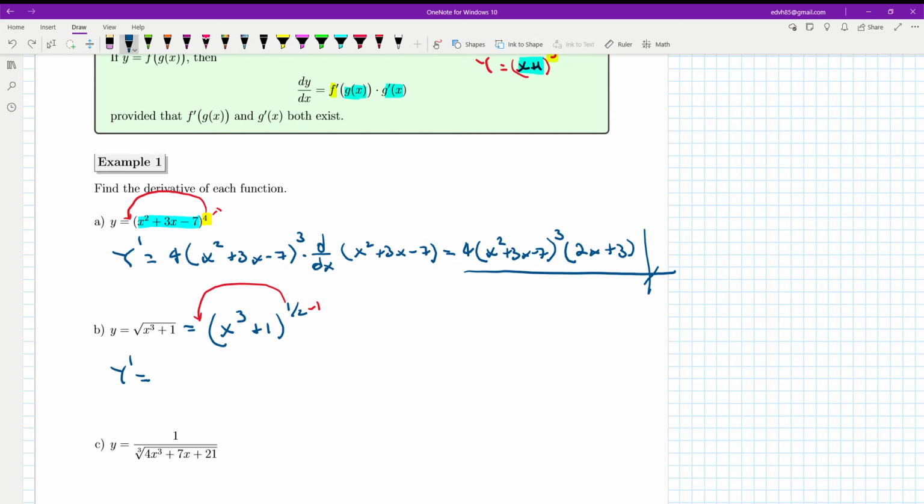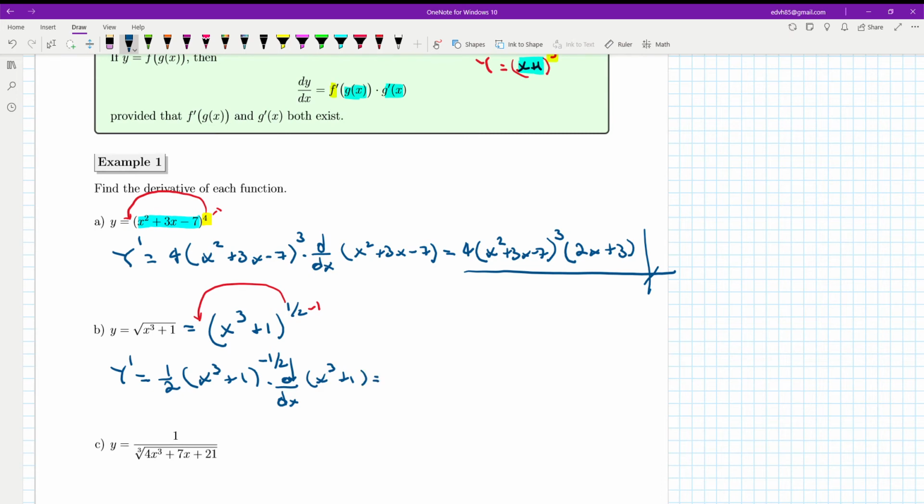So 1/2 times x cubed plus 1 to the 1/2 minus 1, which is negative 1/2, times the derivative with respect to x of the function x cubed plus 1.